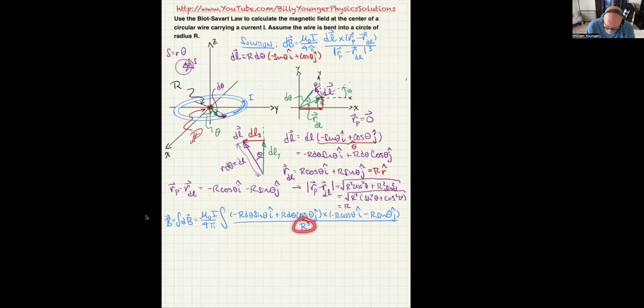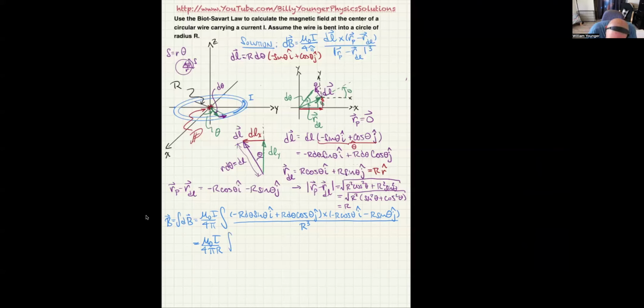Oh, that's r cubed in the denominator, so r squared over r cubed should just be r to the negative 1, which means I'm going to go ahead and pull that out because it's clearly a constant. It's going to be mu 0 I over 4 pi r. Now that means I've gotten rid of the r's in the top and the bottom as well. Now I just have to integrate.